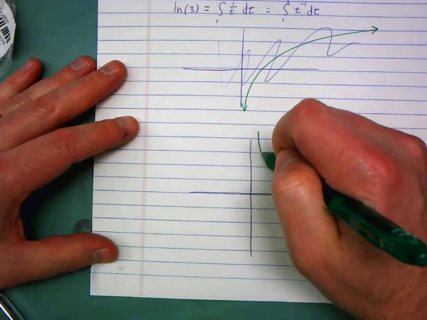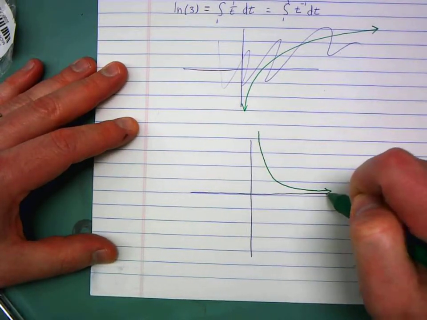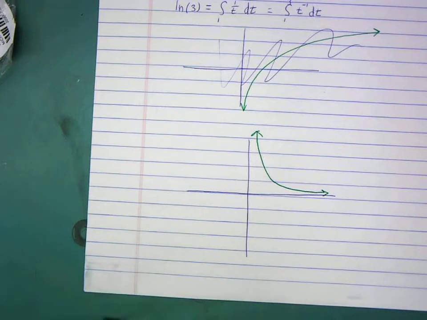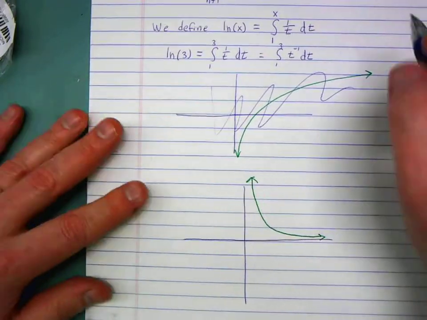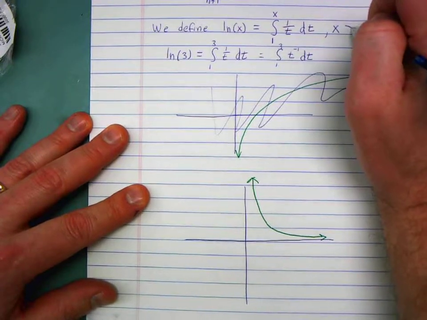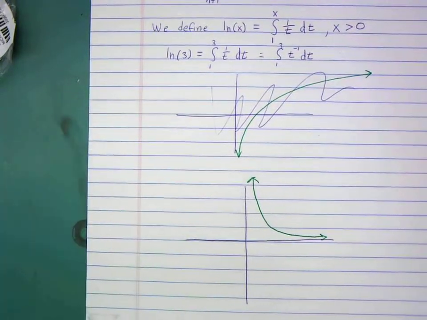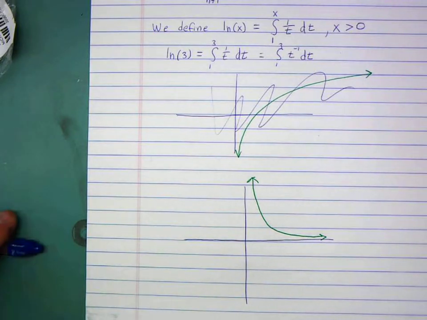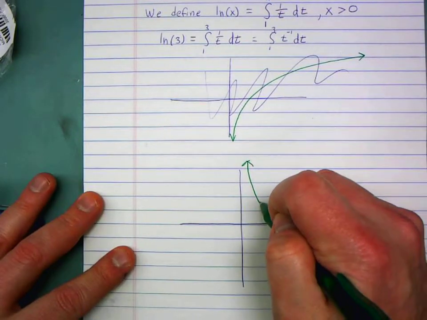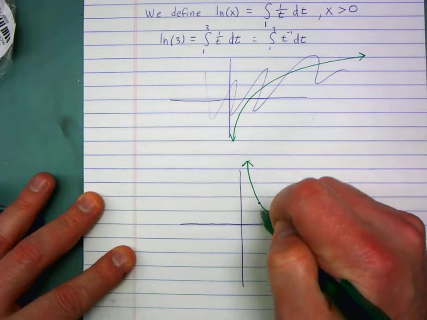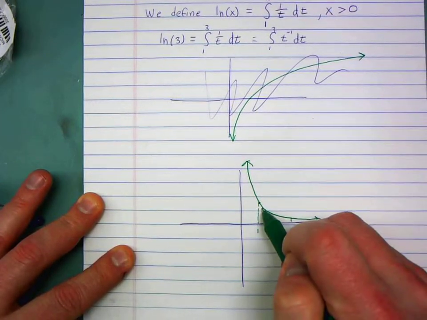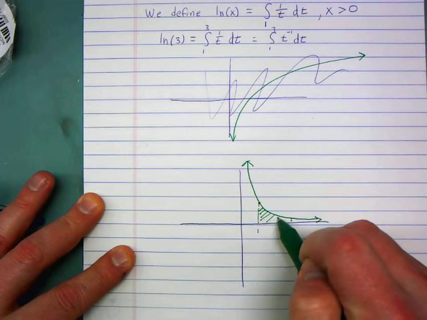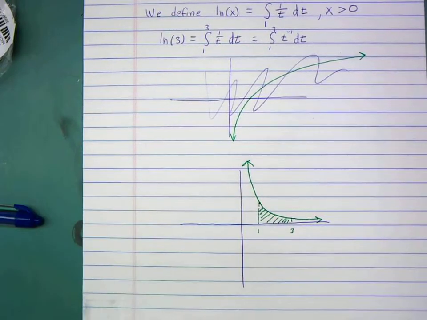The graph of 1 over t looks like this. And I forgot an important little rule here: x has to be a positive number. All right, so here's the graph of 1 over t. And I would go from 1 to 3. And so that integral that we're talking about would be that area.